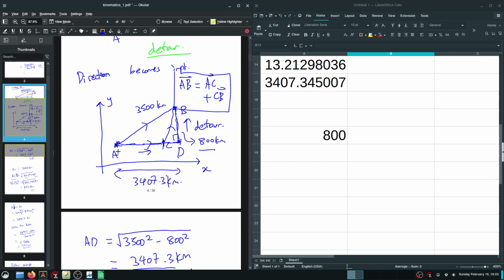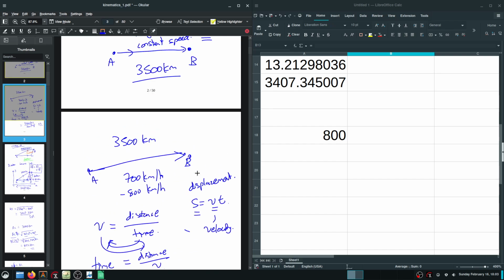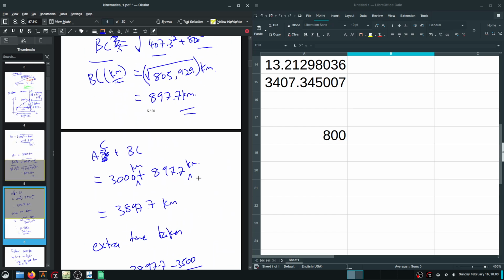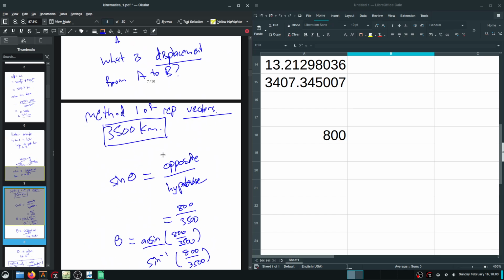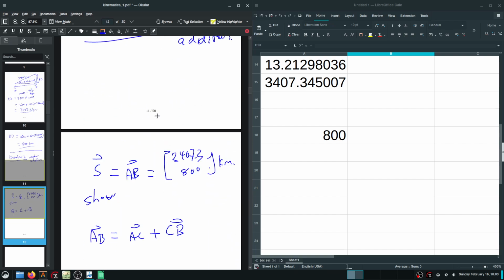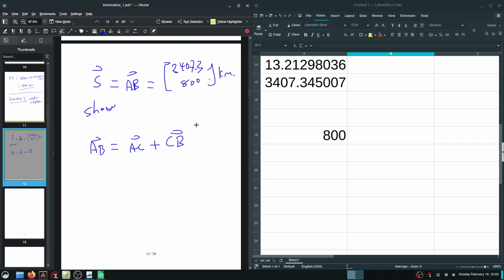AC is just going in the x direction, 3,000 kilometers, because I believe that's what I specified just now. So how do you write this in vector form? AC equals 3,000 kilometers in the x direction, 0 kilometers in the y direction. This is how you write AC.